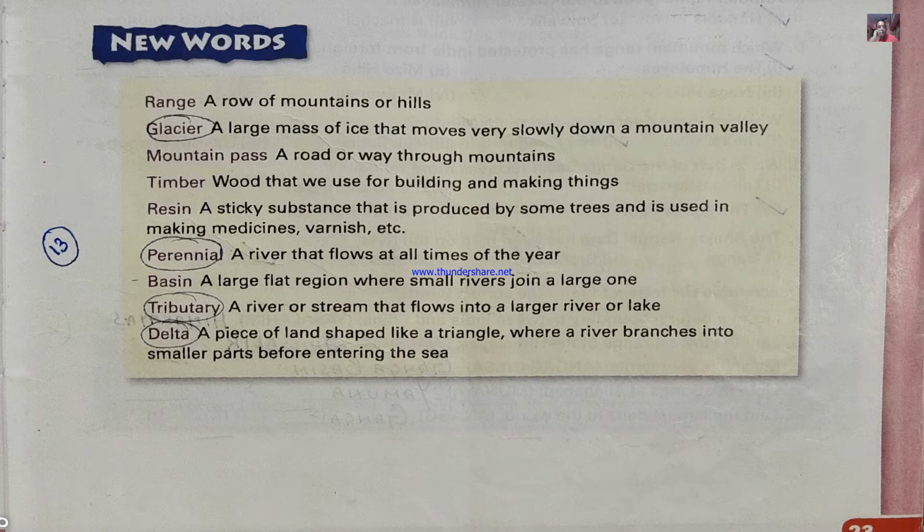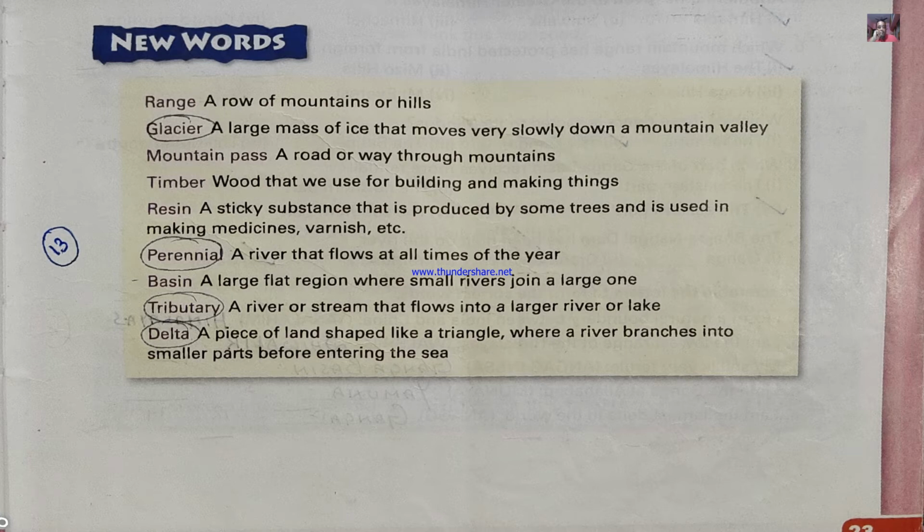Now, if you go towards Mount Abu or Girnar, you will find many hills, one after the other, and they are called ranges. So, what is a range? A row of mountains or hills is called a range.